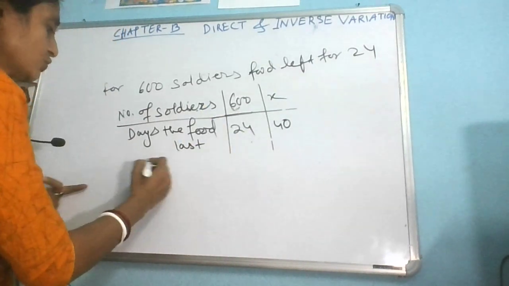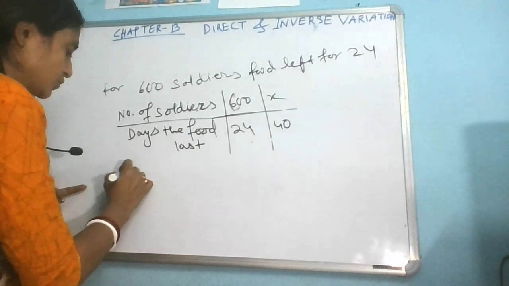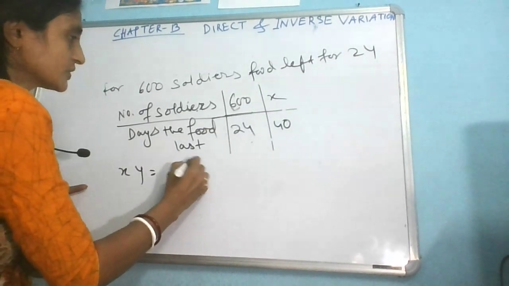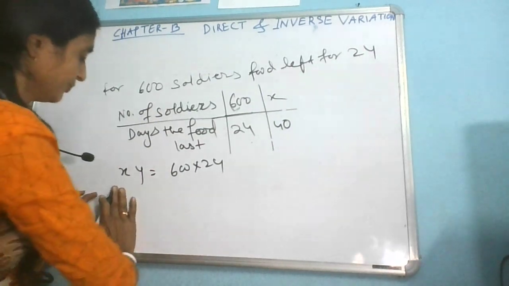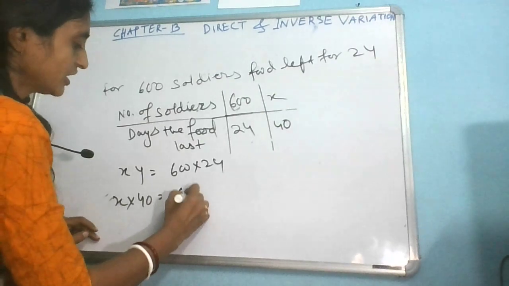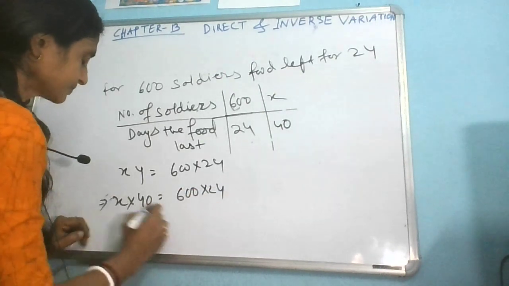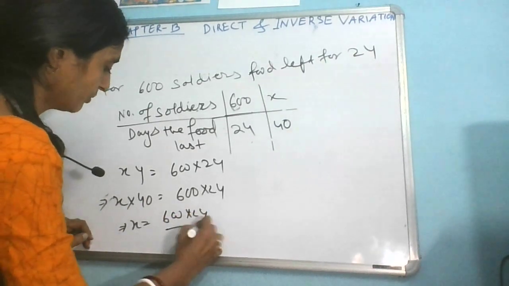So let's present this in a particular form. We know that x into y is equal to 600 into 24. Here y has been given, x we don't know, let it be x. In place of y I am putting 40, so I get x equal to 600 into 24 by 40.